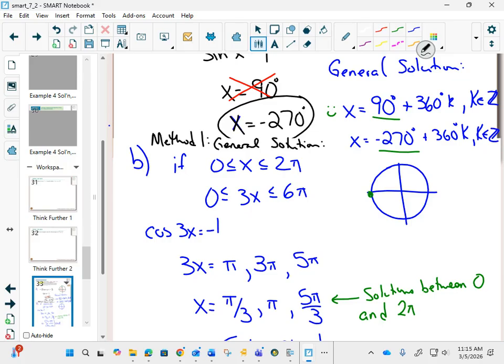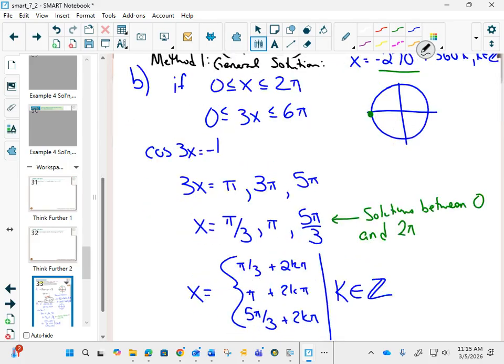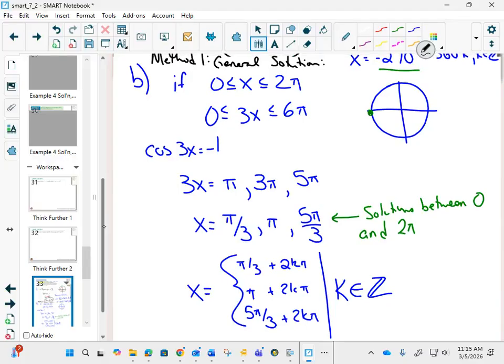So if I would describe method 1 for the general solution, I would describe method 1 as we did from 0 to 2 pi first, then the general solution after. Okay?